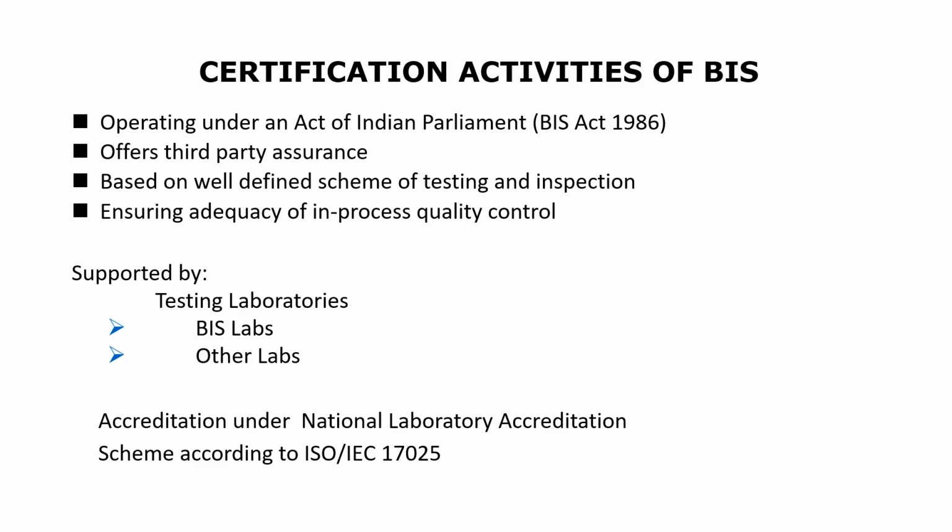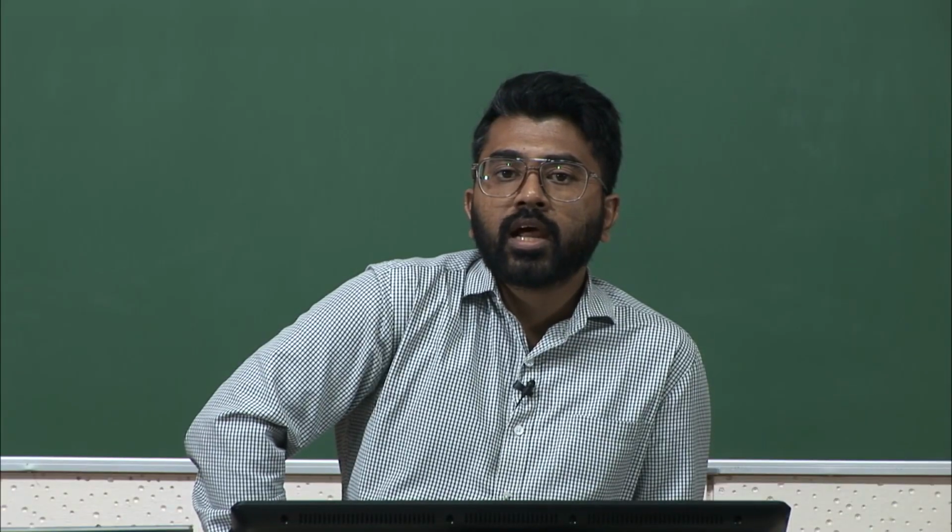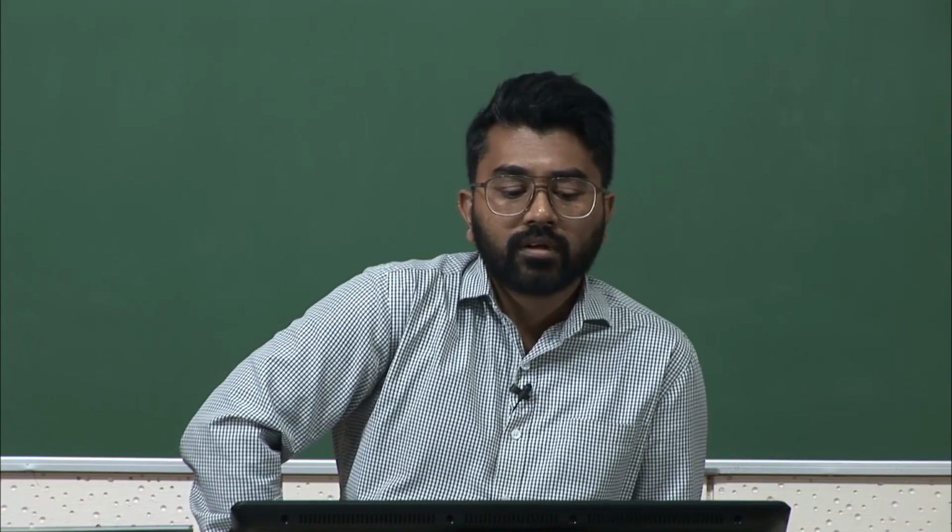So, BIS can provide third party assurance, meaning there are several centers or testing agencies or testing labs and offices which BIS has certified, and if you get the particular products tested within these labs or settings, then they are indirectly giving a third party assurance from this, right.